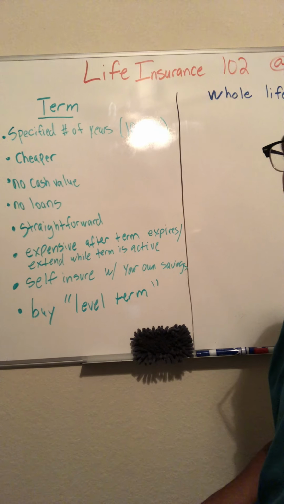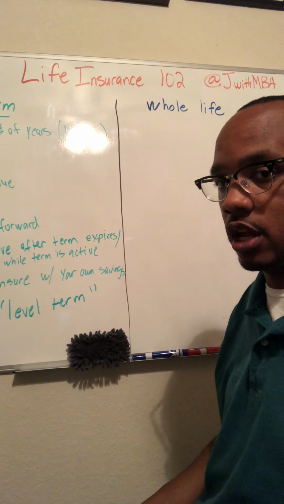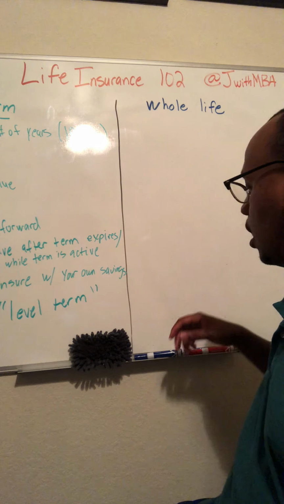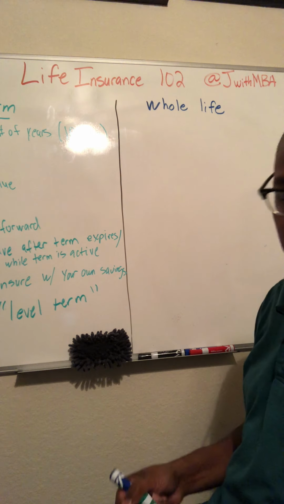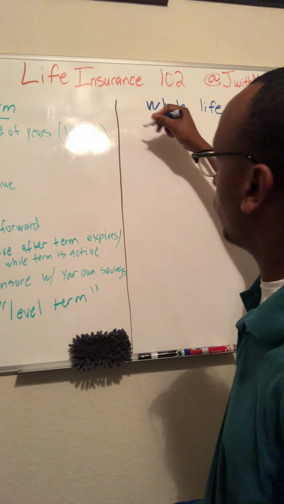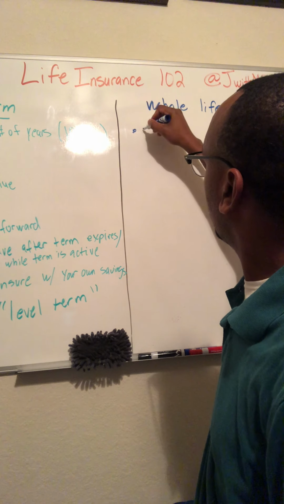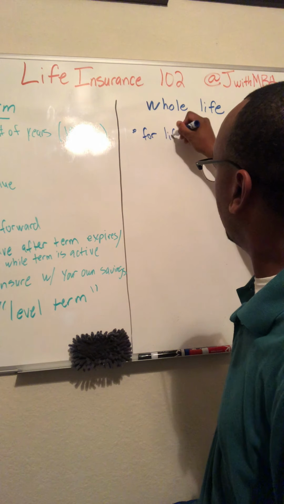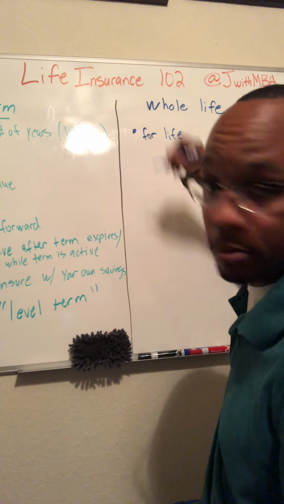Now, if we look at whole life insurance, there are some differences. So you say, how long are you covered with a whole life? Well, for life. You're covered for life, all right? I'm assuming that you're going to pay the premiums.